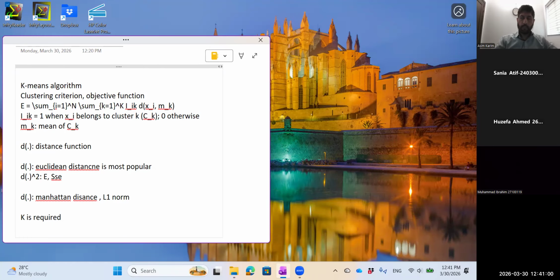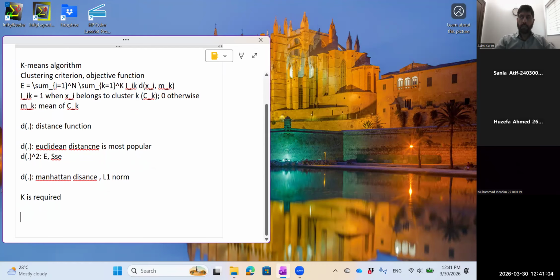There are two approaches actually, and of course, both of them are not very accurate. One is, of course, to use human judgment and knowledge. The human expert tells you, okay, this data set may have, let's say, 5 clusters or 10 clusters or 15 clusters.